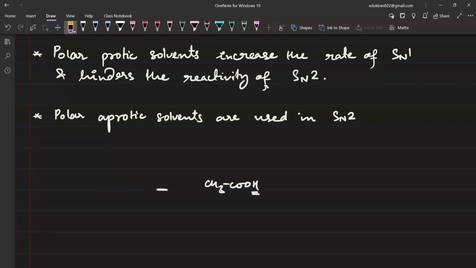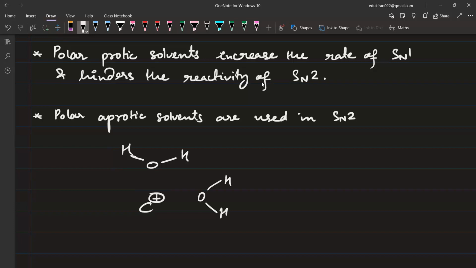In SN1 we have a carbocation. When you have a carbocation and water as a solvent, the water will surround the carbocation like this. Why is the oxygen part surrounding the carbocation? Because oxygen has lone pair electrons.